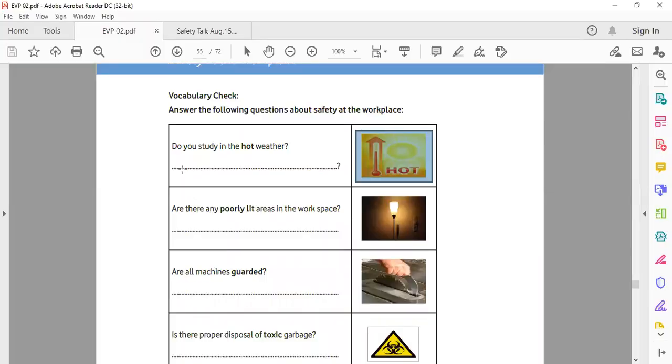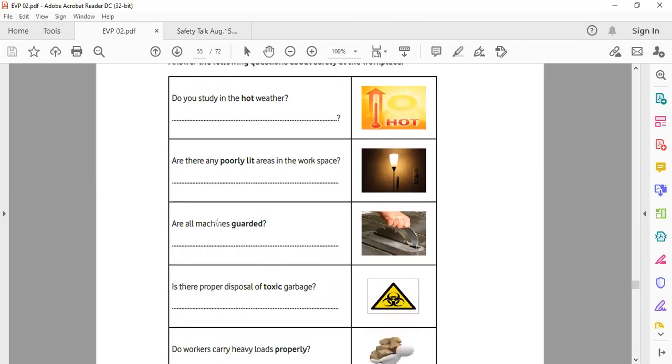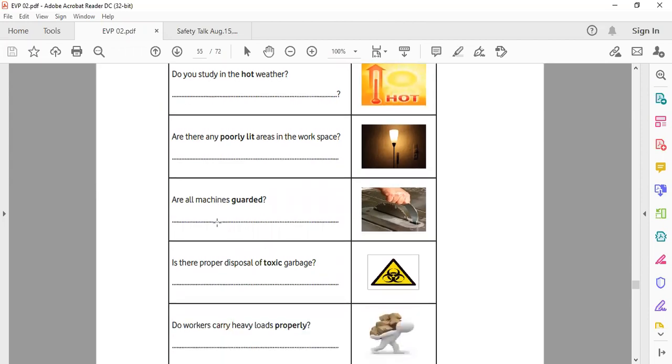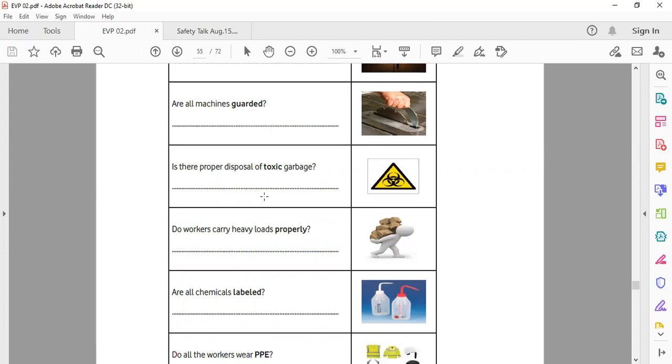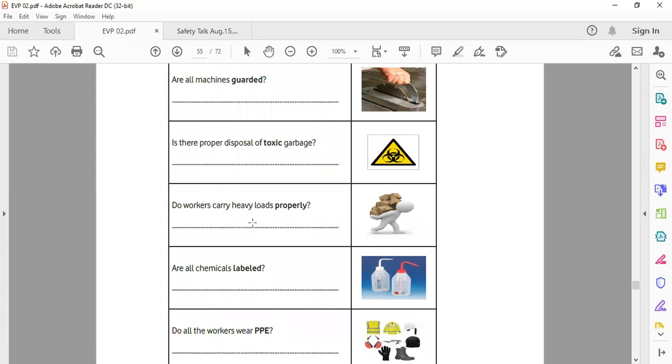Do you study in the hot weather? Are there any poorly lit areas in the workspace? Are all machines guarded? Is there proper disposal of toxic garbage, a place where you can keep toxic garbage? Do workers carry heavy loads properly?